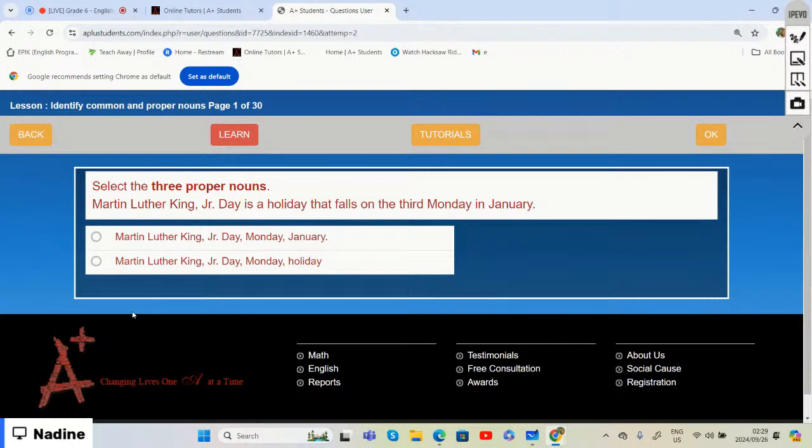So now, is it option one, Martin Luther King Jr. Day, Monday, January, or option two, Martin Luther King Jr. Day, Monday, and holiday? Which one is correct?